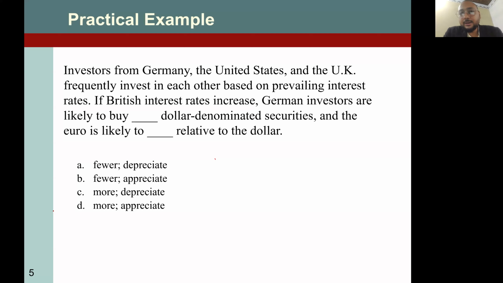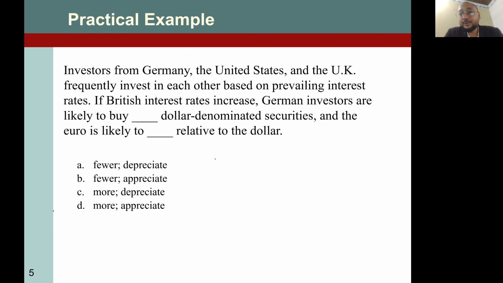Now answer this question. Investors from Germany, the United States and the UK frequently invest in each other based on prevailing interest rates. If the British interest rate increases, German investors are likely to buy something, and the euro is likely to do something.